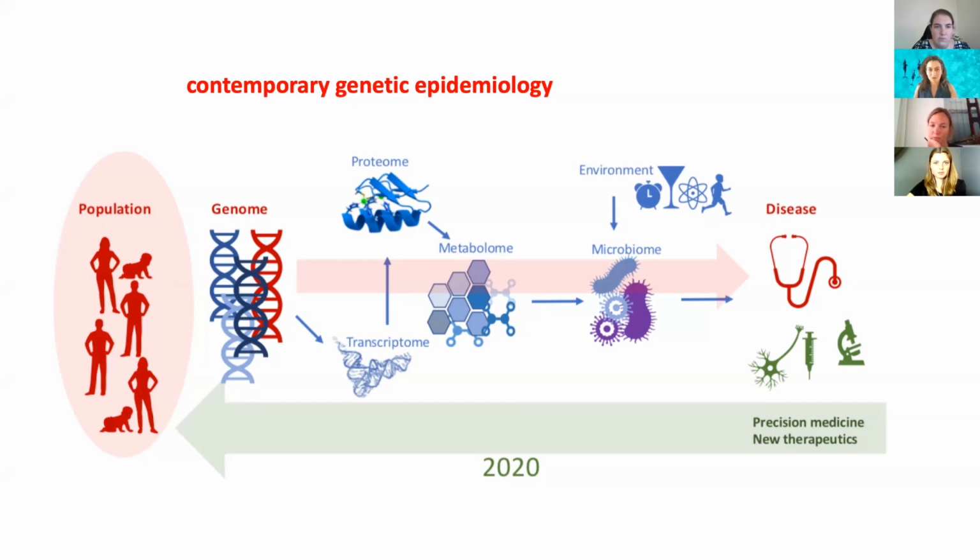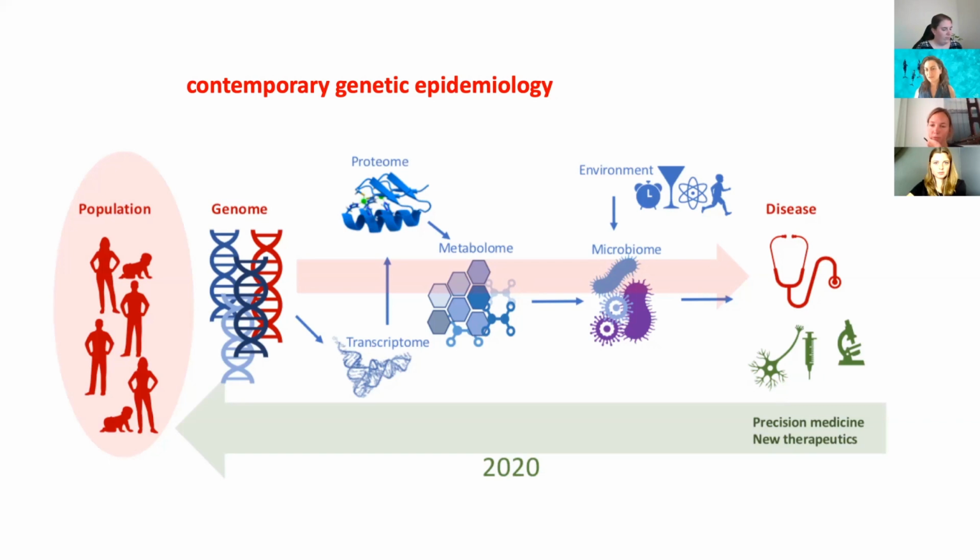So how is this possible? It's possible by, first of all, high density genome genotyping arrays coupled with high density imputation panels and imputation methodology. It is possible by new techniques on proteomics from plasma or from tissues.